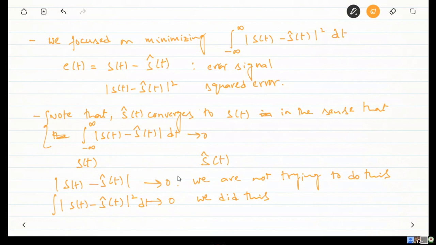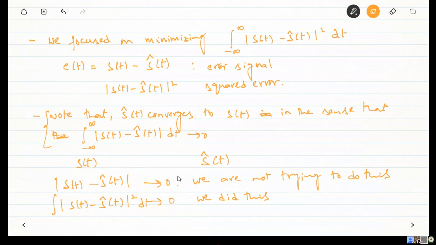But the error energy, the integral of the mod square of s of t minus s hat of t over minus infinity to plus infinity, should go to 0.